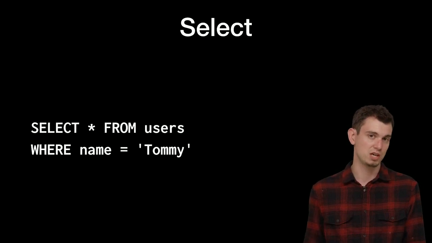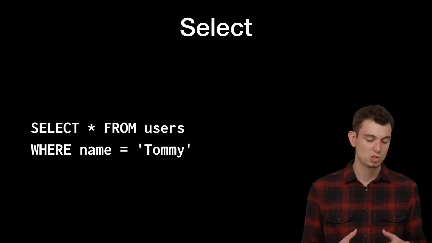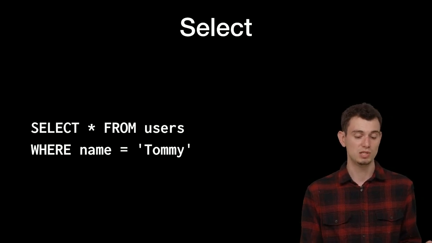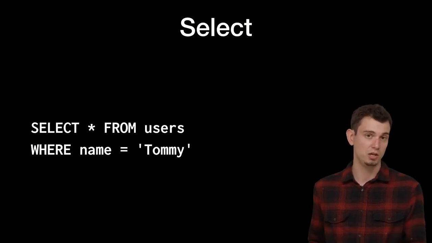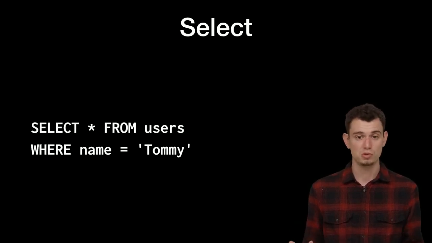So here the name of our table is users. And then we'll have a where clause to filter down the rows. So we only want to select those rows where the name column is exactly equal to the string Tommy. If we just have that one row in our database, this will return us that one row. If there are multiple rows with the name of Tommy, it'll return multiple rows.